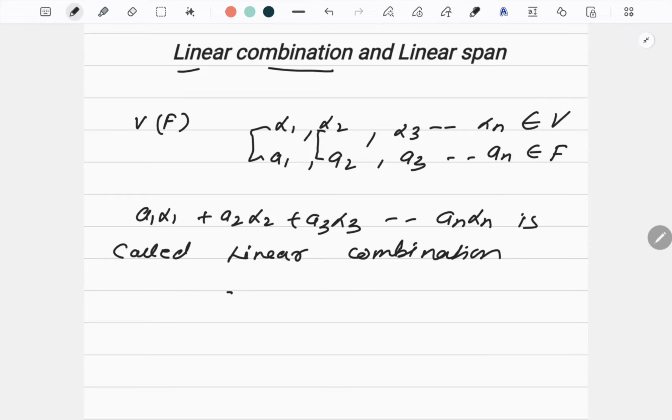We can also write it as the summation of ai alpha i for i equal to 1 to n. So this is called the linear combination.